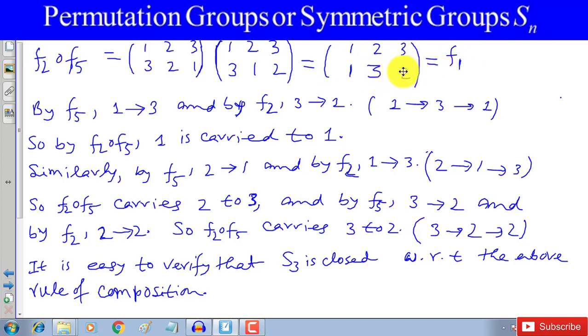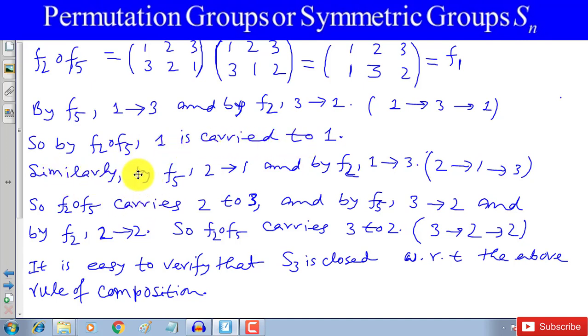But how? By f5, 1 goes to 3, and by f2, 3 goes to 1. So 1 goes to 3 and 3 goes to 1. So by f2 composed with f5, 1 is carried to 1.